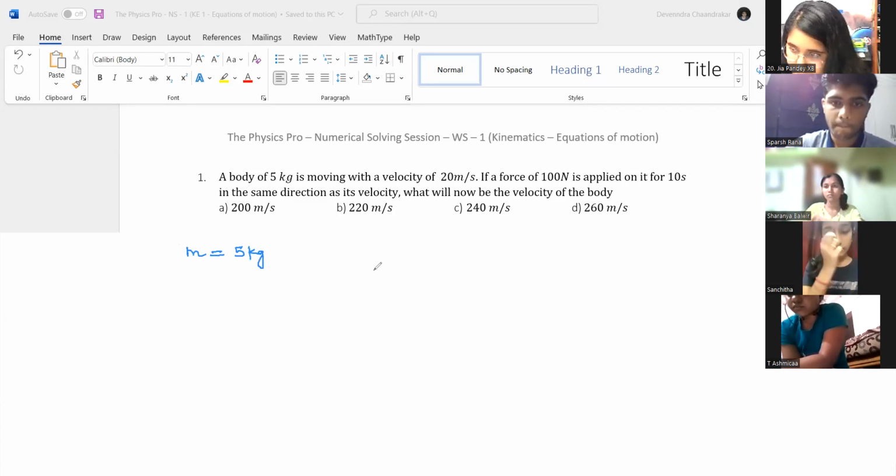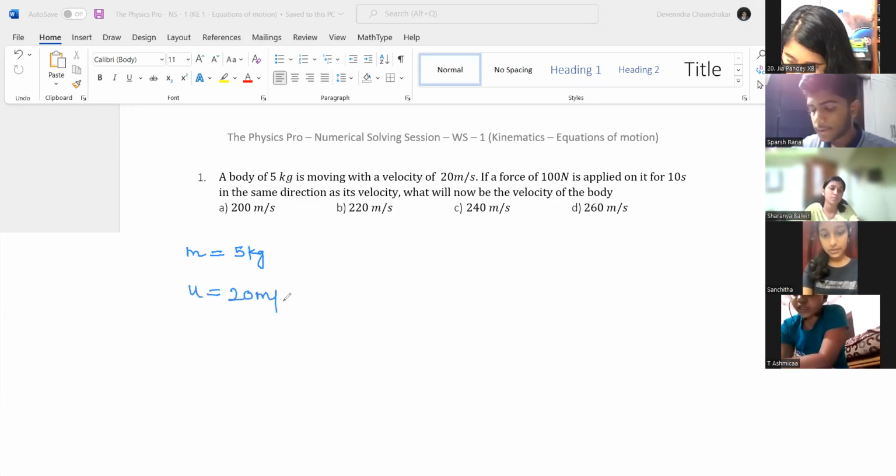So here, let's try to understand how we are processing the data, how we are capturing the data. So a body of 5 kg is moving with a velocity of 20 meters per second. So what is the initial velocity? It's 20 meters per second, right? If a force of 100 Newton is applied on it for 10 seconds in the same direction, right?